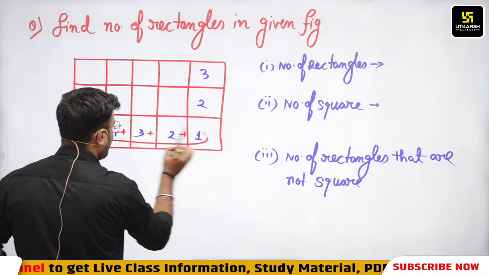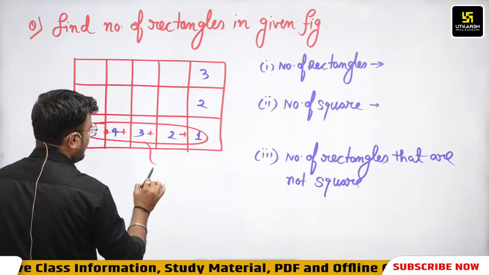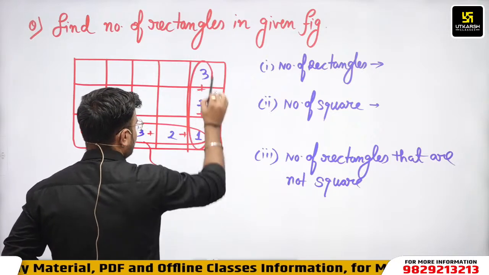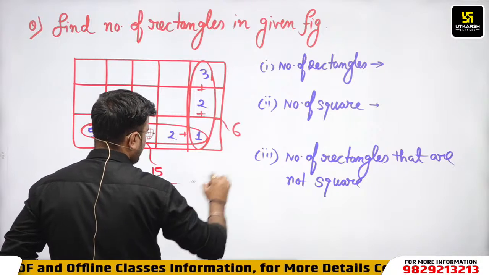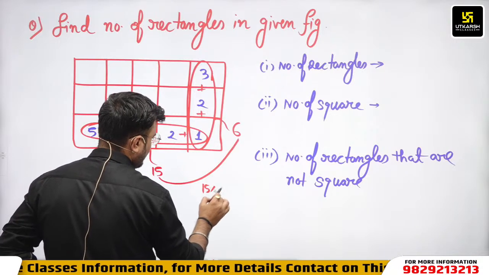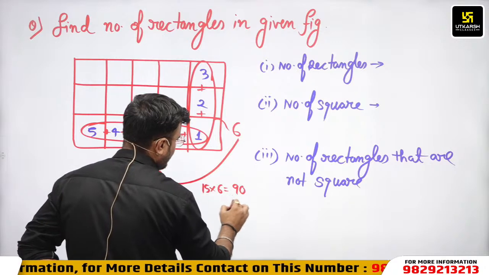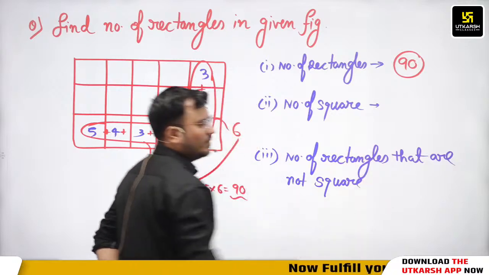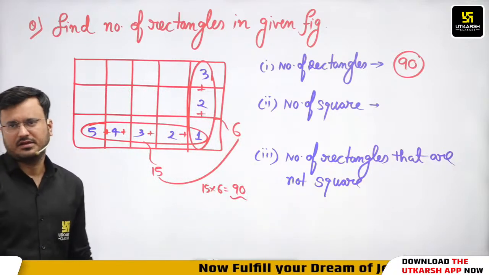This is 15 and this is 6. So 15 into 6, that is 90. So total 90 rectangles are there. Very good, NK.